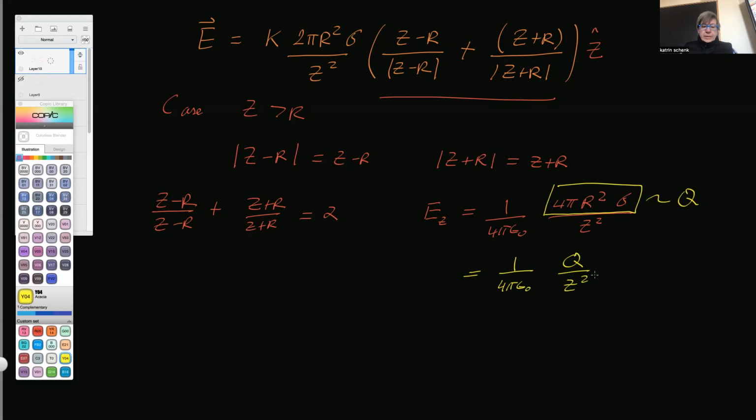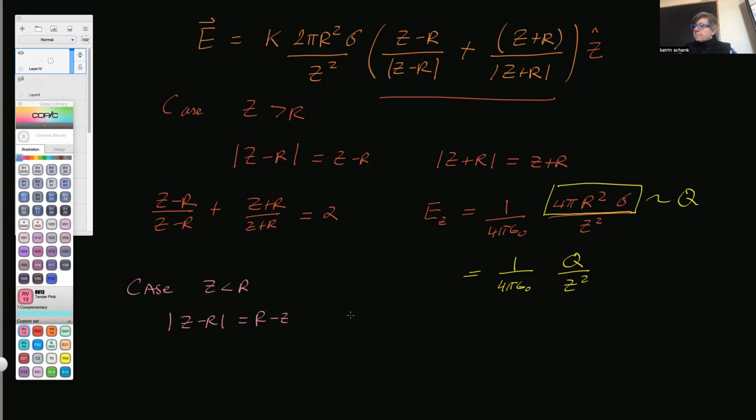All right, what about inside the sphere, the case Z less than R? Then the absolute value of Z minus R is R minus Z, and Z plus R is the same.